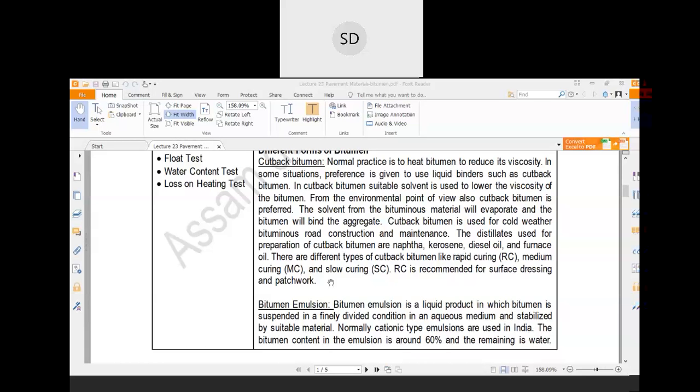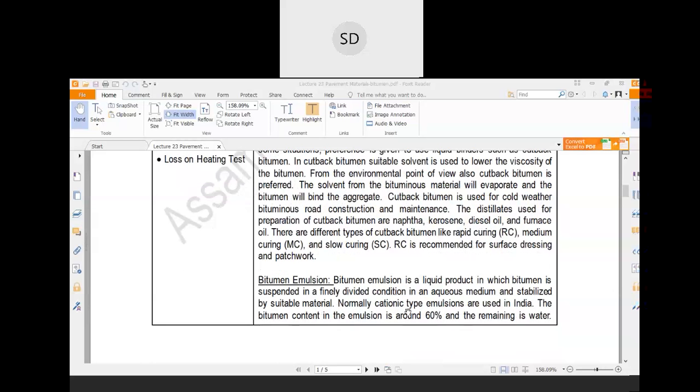This emulsifier separates the bitumen particles from one another, which helps them float in the water. Bitumen emulsion is a liquid product in which bitumen is suspended in a finely divided condition in an aqueous medium and stabilized by suitable material.